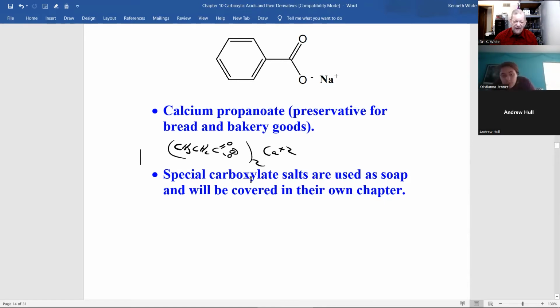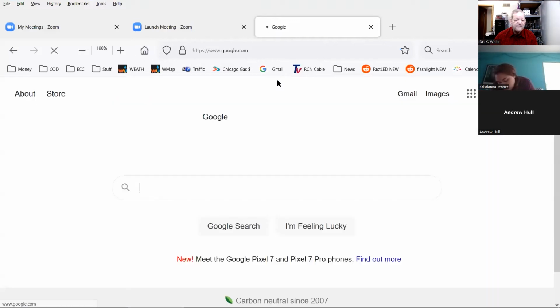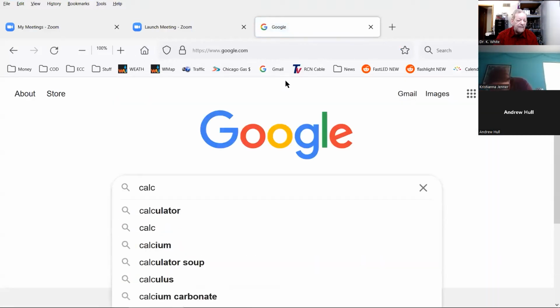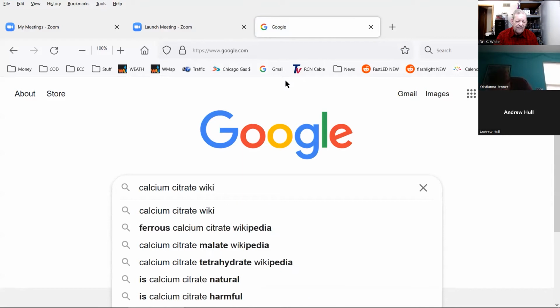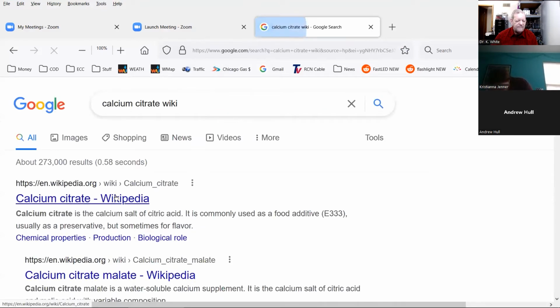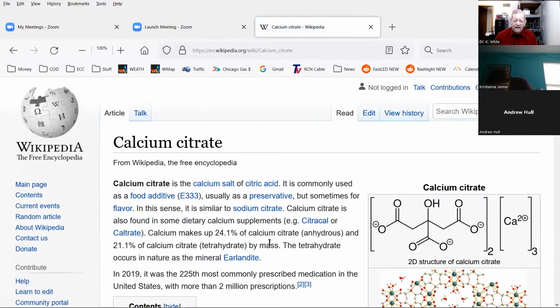Now, we'll talk later on about special carboxylate salts, anions, that are used as soap. We'll talk about that later. But one that comes to mind, can everybody see on the screen?